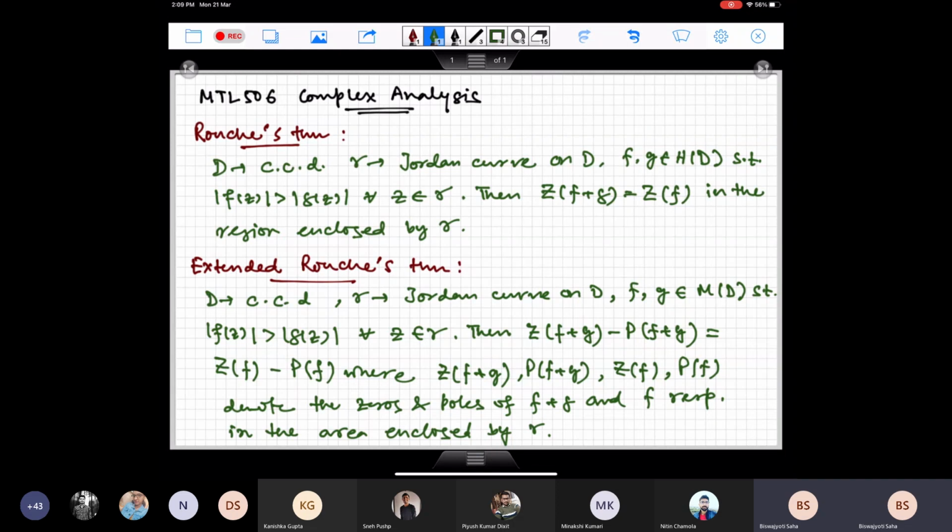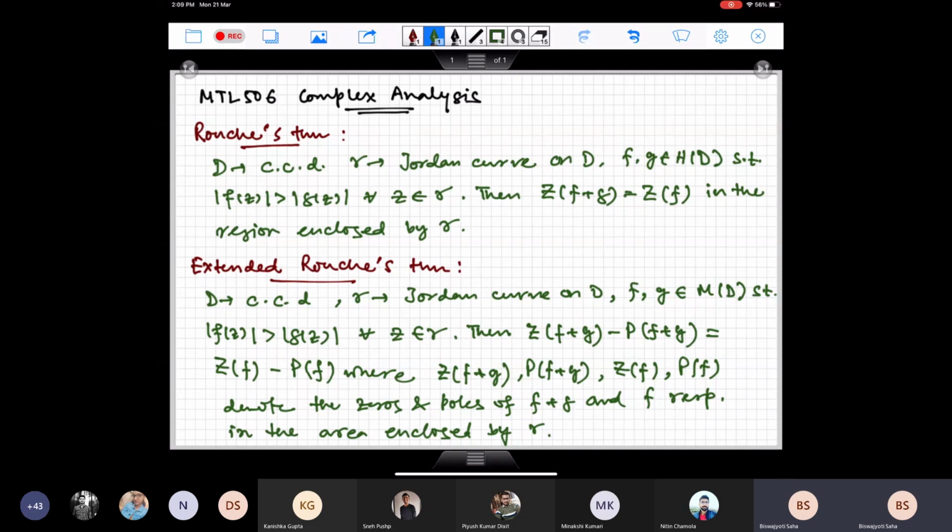So I am not proving this because the proof is essentially identical. Okay, there is nothing that you need to do. So if you remember, in the proof of the theorem, we had these three integrals. One was the integral over gamma of (f plus g) prime divided by (f plus g), which was equal to the integral of f prime over f over gamma plus the integral of (1 plus g upon f) prime divided by (1 plus g upon f) over gamma.